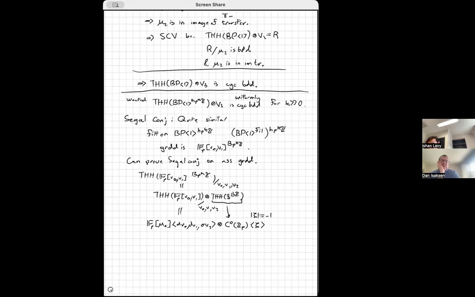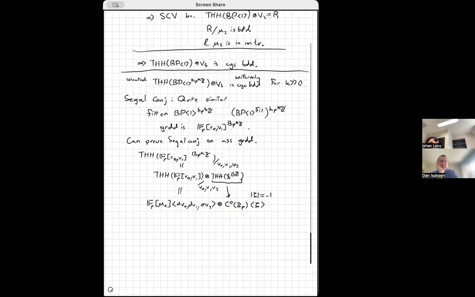Okay, so the point is that you can run the exact same spectral sequence that we were running to compute THH of BP1 to compute THH of this fixed points. The only thing that changes is that you have this zeta and you have this extra continuous functions on ZP. After you make K sufficiently large, the spectral sequence maps to the spectral sequence for BP1. So for K sufficiently large, you have similar differentials: the differential on mu0 looks like some continuous function f on ZP times dv0.